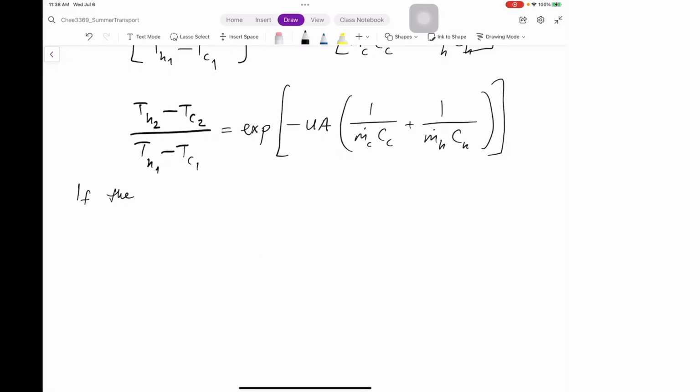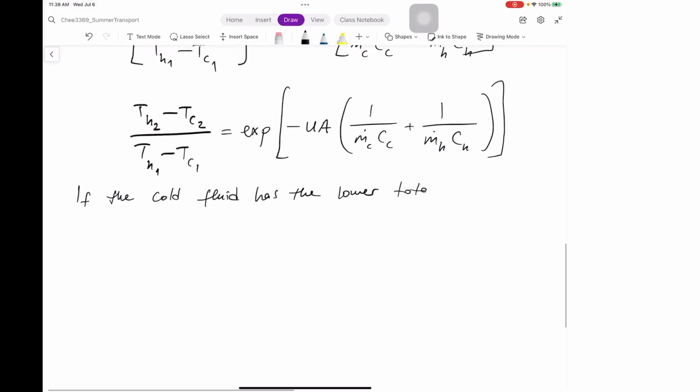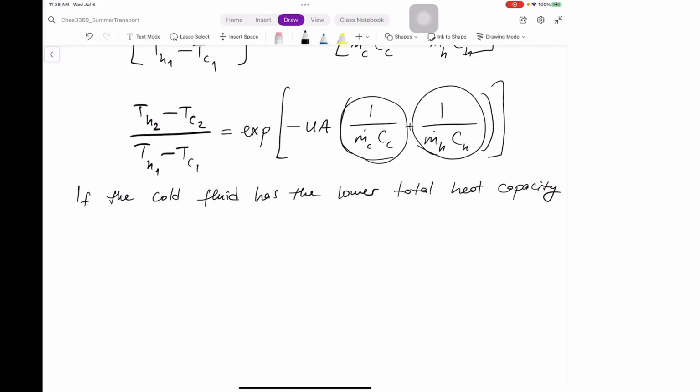If the cold fluid has the lower total heat capacity, which means this is smaller than this, which means this is larger than this because it's 1 over, right?